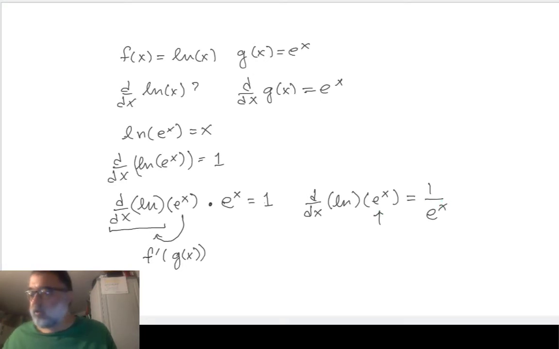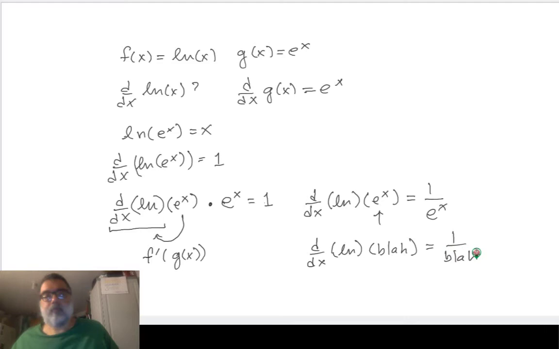So in other words, the derivative of the natural log of something is 1 over the something. Right? So this is why we say the derivative of the natural log of x is 1 over x, because x is the mathematician's favorite notation for something. Okay.